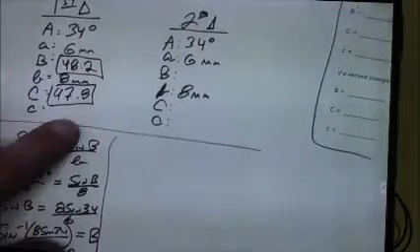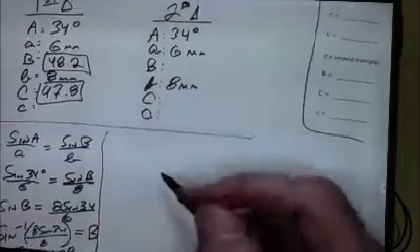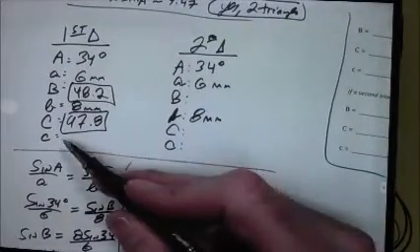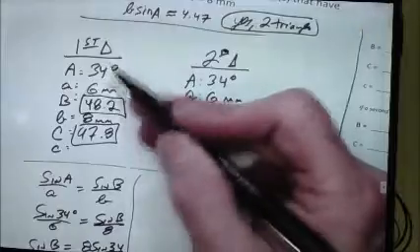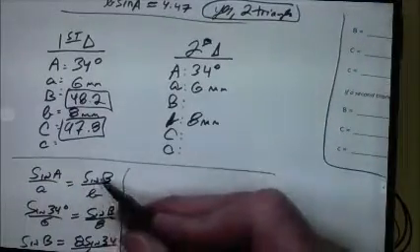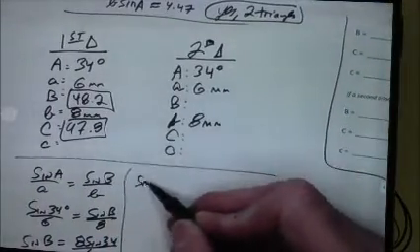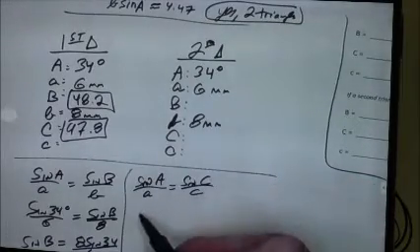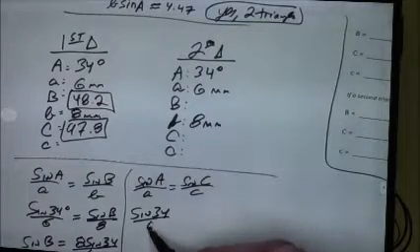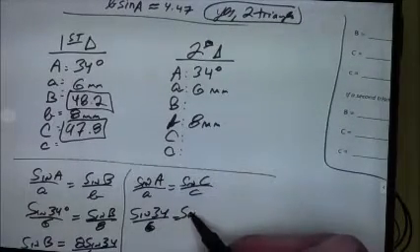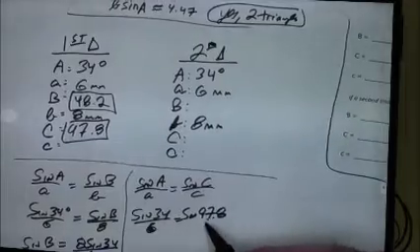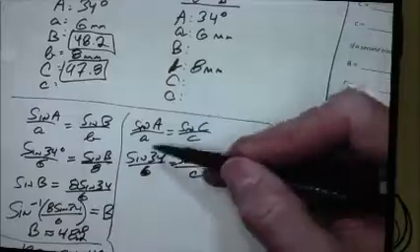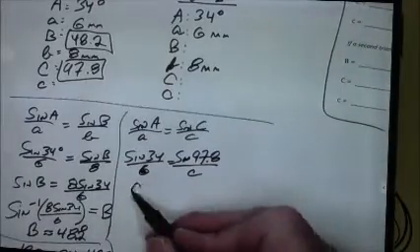The only thing left on this triangle is that C. So let's figure that out. I now know the angle C. I don't know the side C, but I know these two and I know these two. So I can just do it with C. So I'm going to do sine A over A equals sine C over C. Sine of 34 over 6 equals the sine of 97.8 over C. So plug things in, cross multiply.